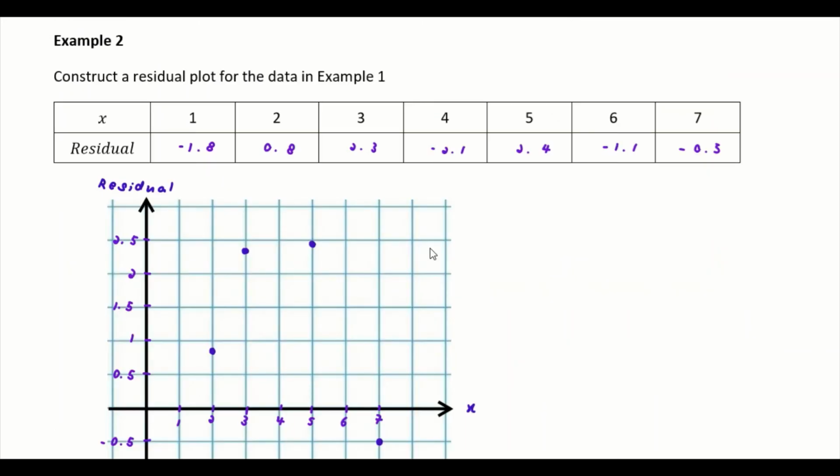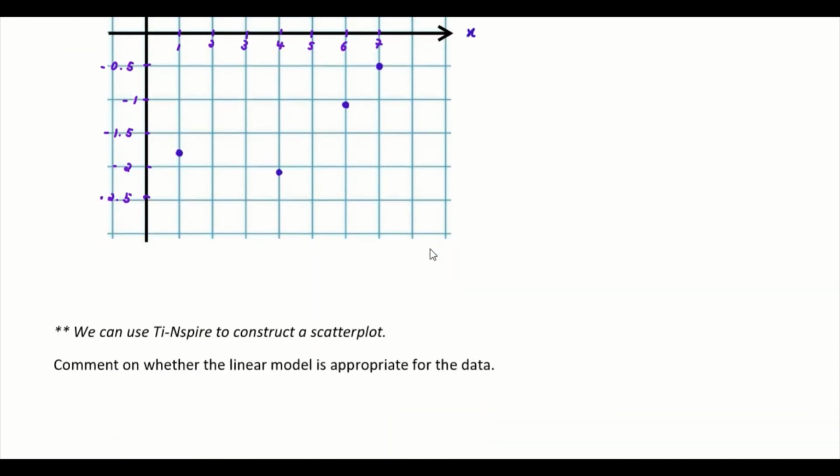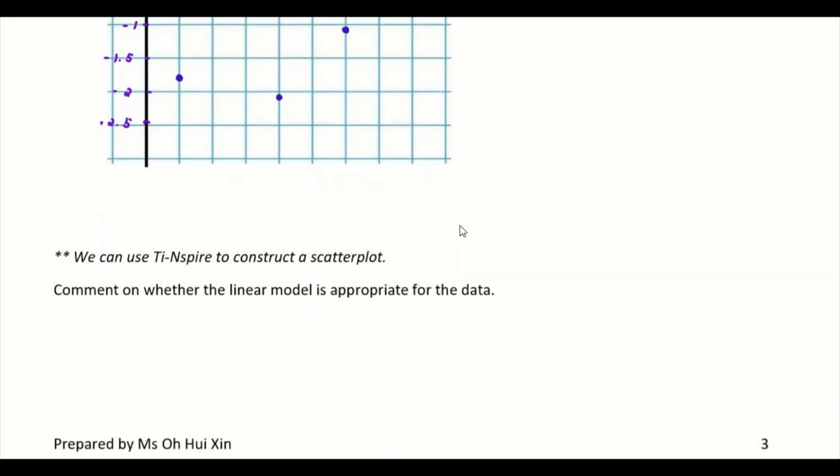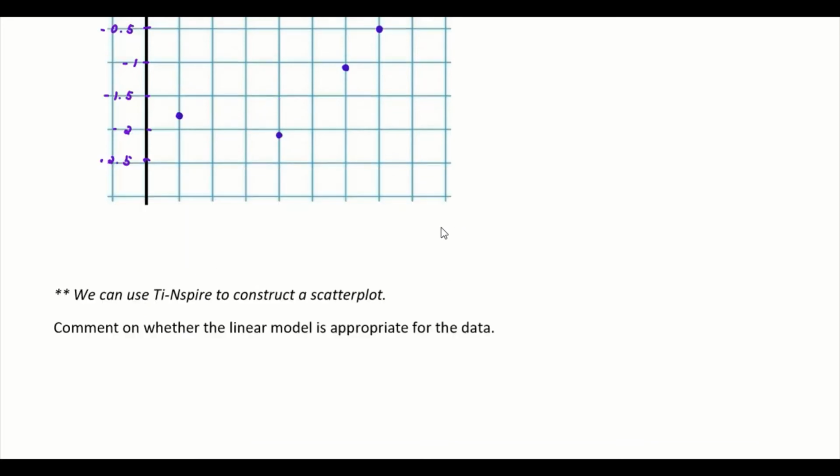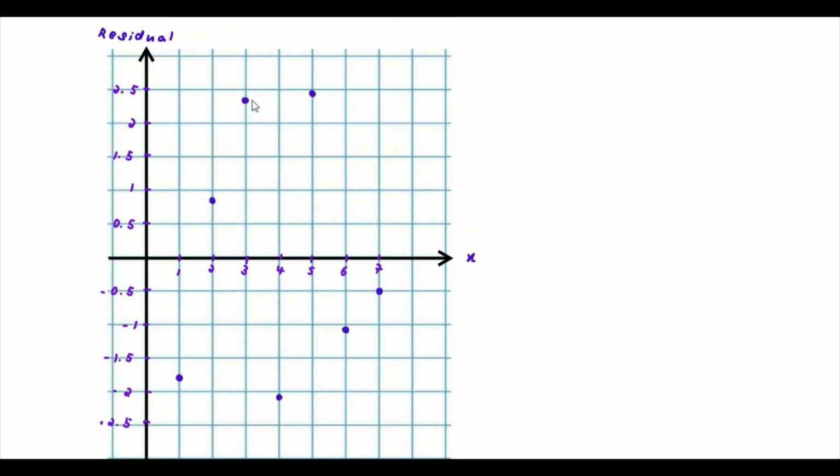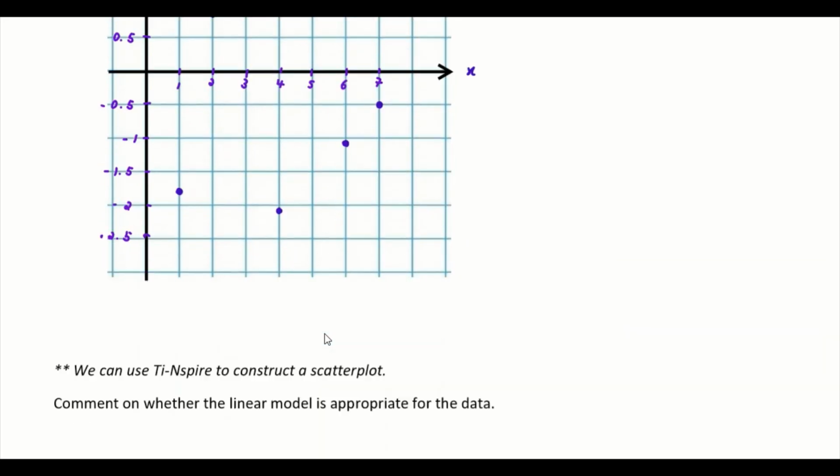Alright, example 2 before we forget. As you can see, we are still left with one part, which is to comment on whether the linear model is appropriate for the data or not. By using what we have just learned, by looking at this graph, you can see that all these points are scattered randomly as well, right?